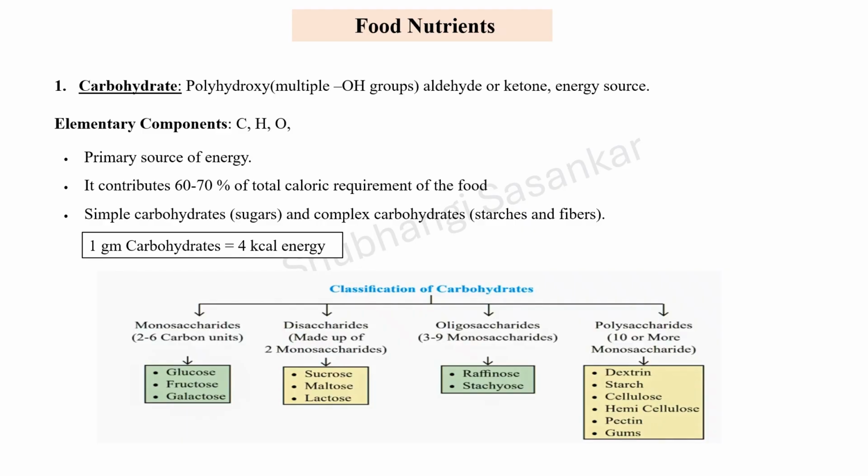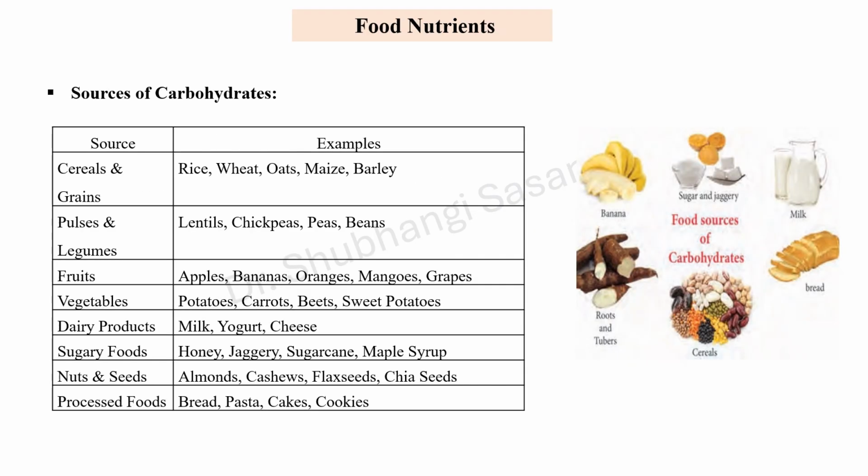Let us now look at the common sources of carbohydrates. Cereals like rice, wheat, maize, and oats come under the cereals. These are the main source of carbohydrate. Next are the pulses, such as lentils and chickpeas. Fruits like banana, mango, apple.